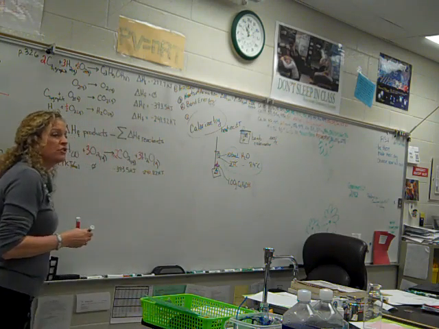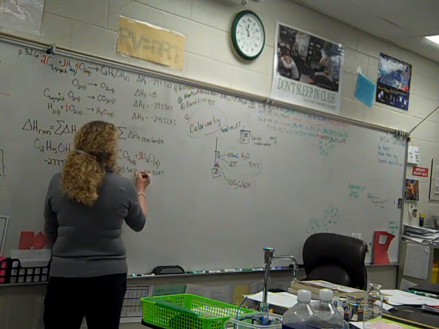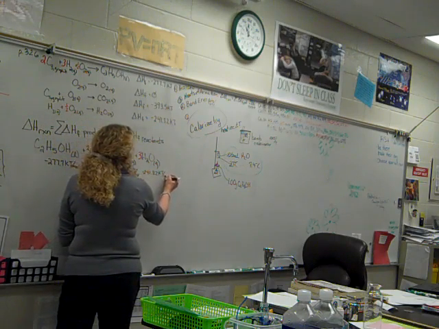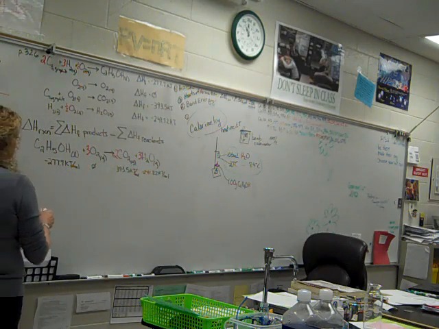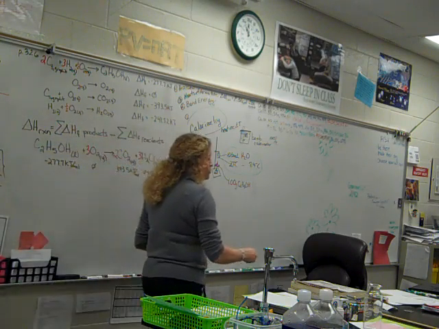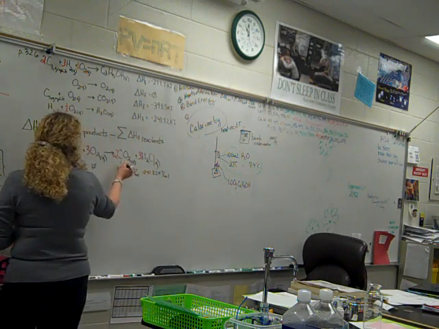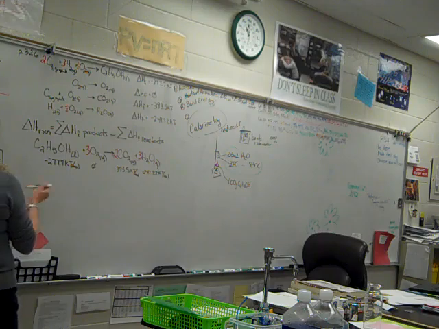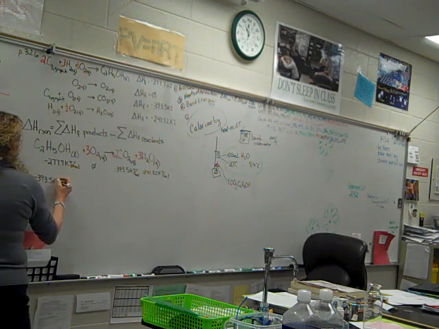Now we're simply going to do products minus reactants. But keep in mind that all of these values are per mole, so we're going to have to incorporate our coefficients. We start with our products. Our first product is our CO2, so we're going to have negative 393.5 kilojoules.